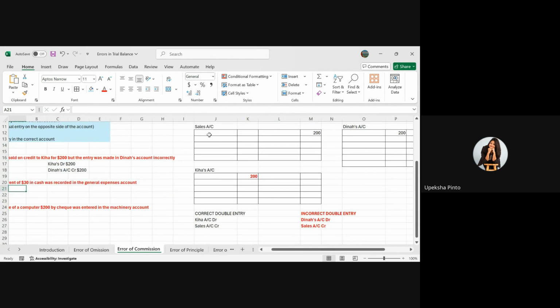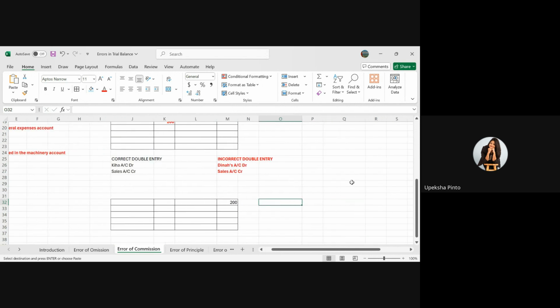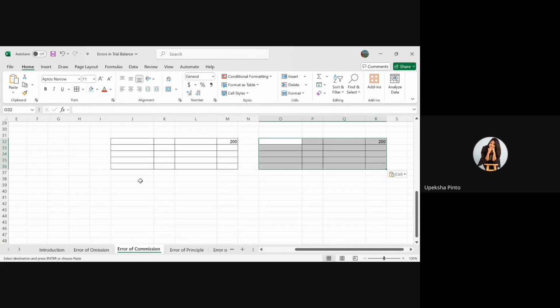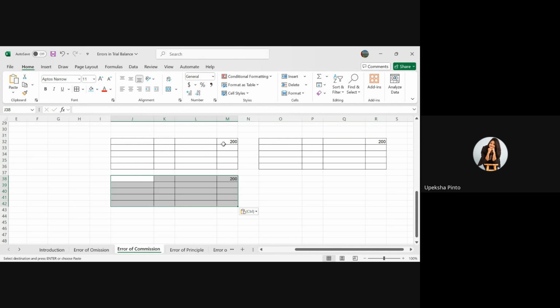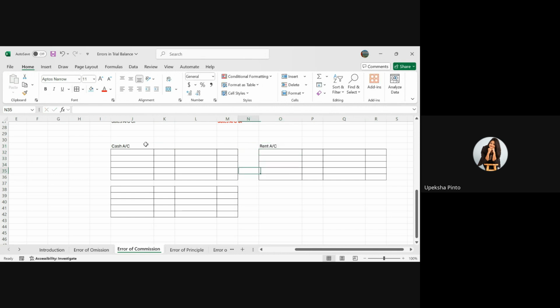I'll draw here. So here we have cash account, we have rent account, and we have general expenses account.